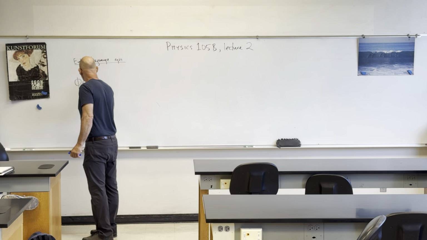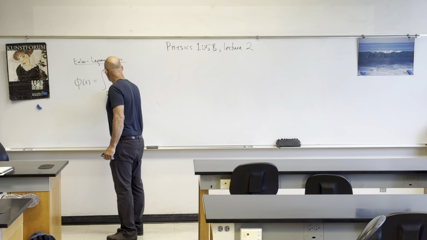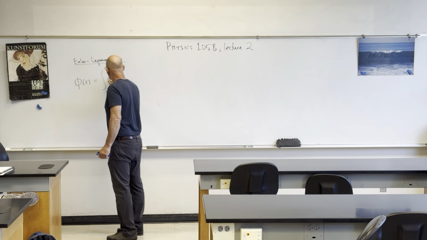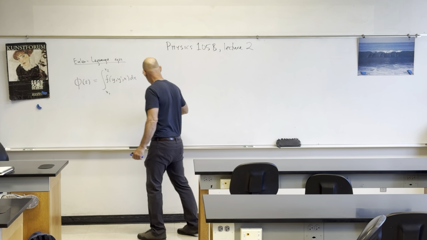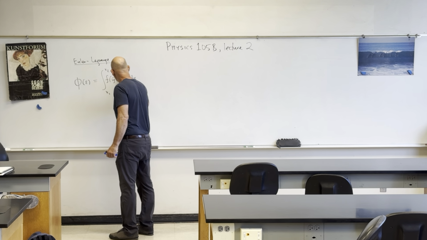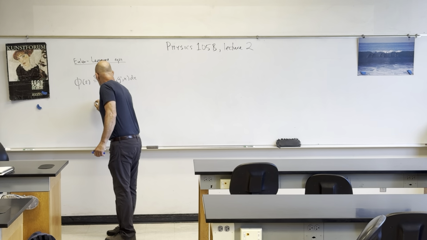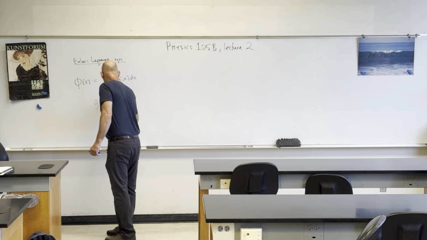phi, we ended up constructing a phi of epsilon for an integral where we had an f of y prime x dx, and I put a little tilde here, and the y tilde was equal to y of x plus epsilon g of x.